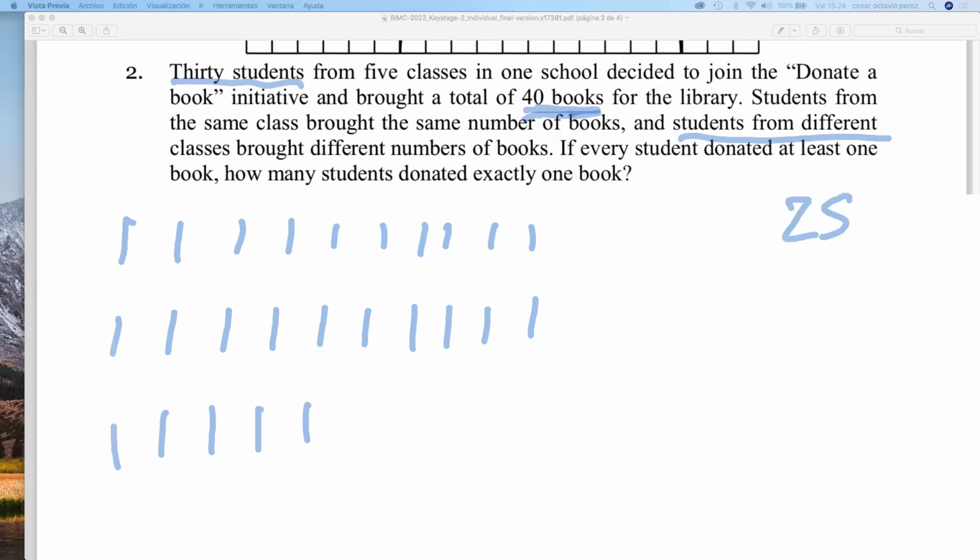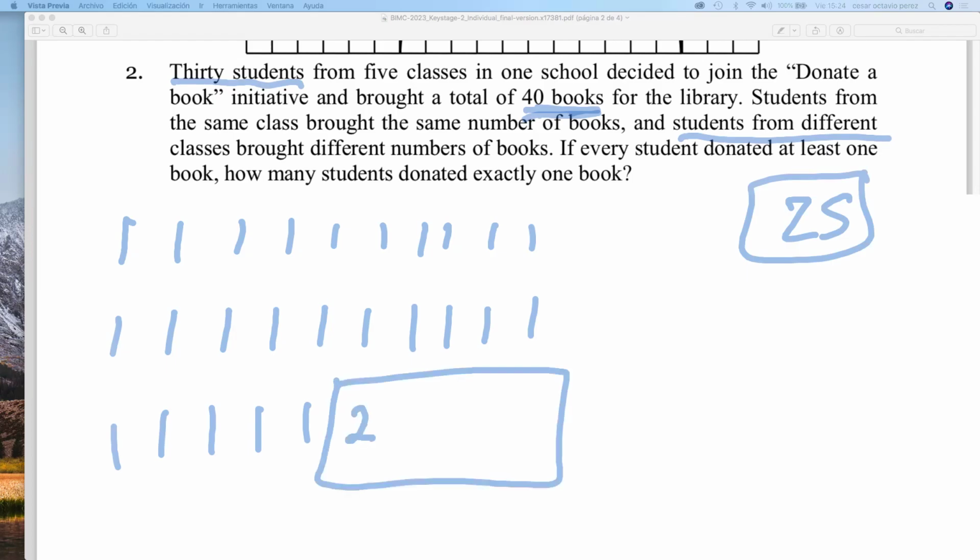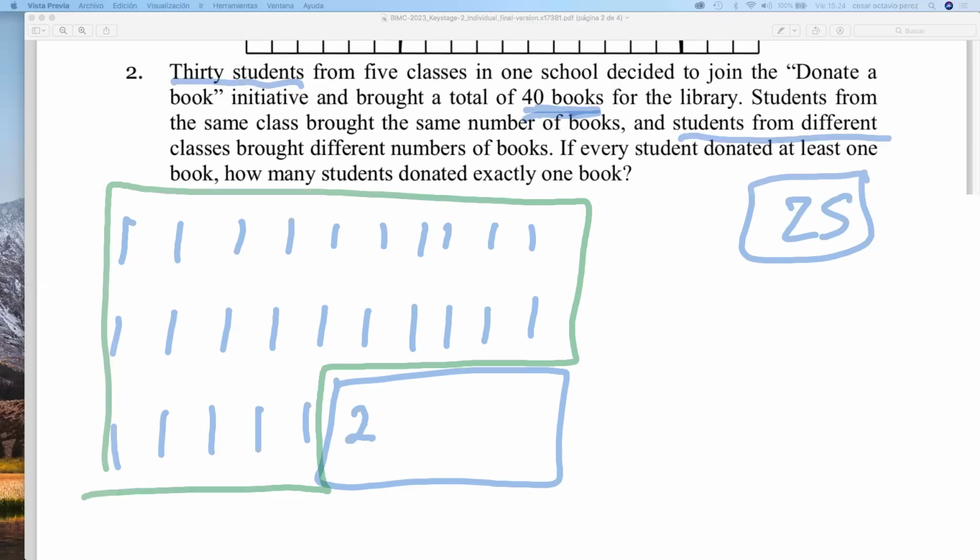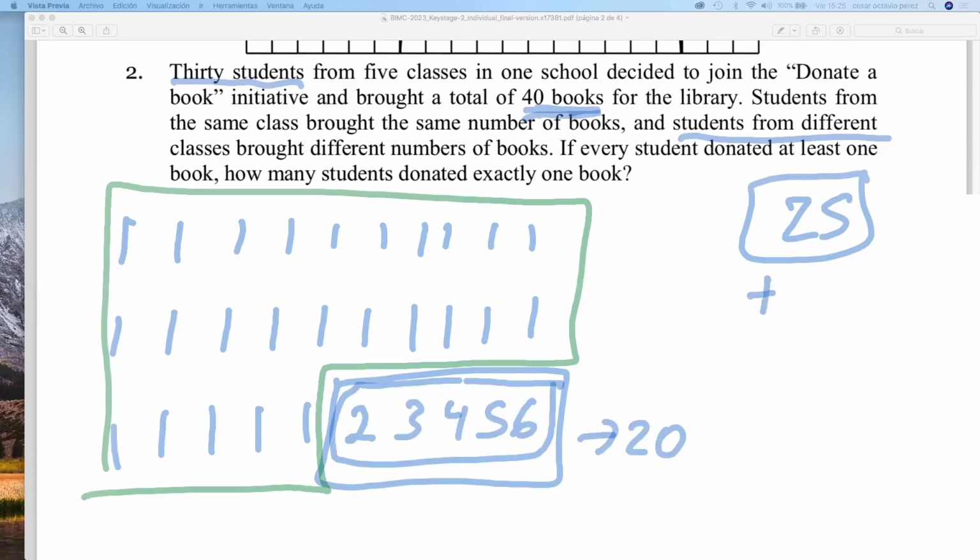Here we have 25 students. And if one brings two books, here we have already 25. If one student brings two books, another student brings 3, 4, 5, 6, and we add this, we will get 20. So we will have 45 books.